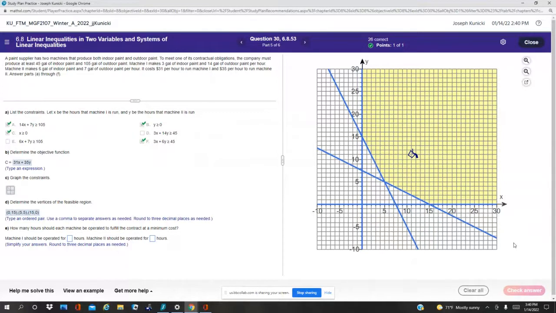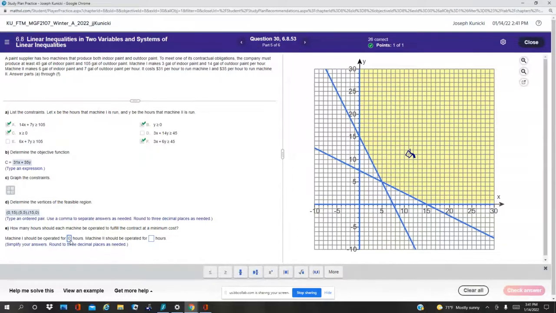And finally, if I do x equals 15 and y equals 0, that's 15 times 31, so that'll be 465. So the maximum is 525. And that means that it should be 0 hours for machine 1 and 15 hours for machine number 2.